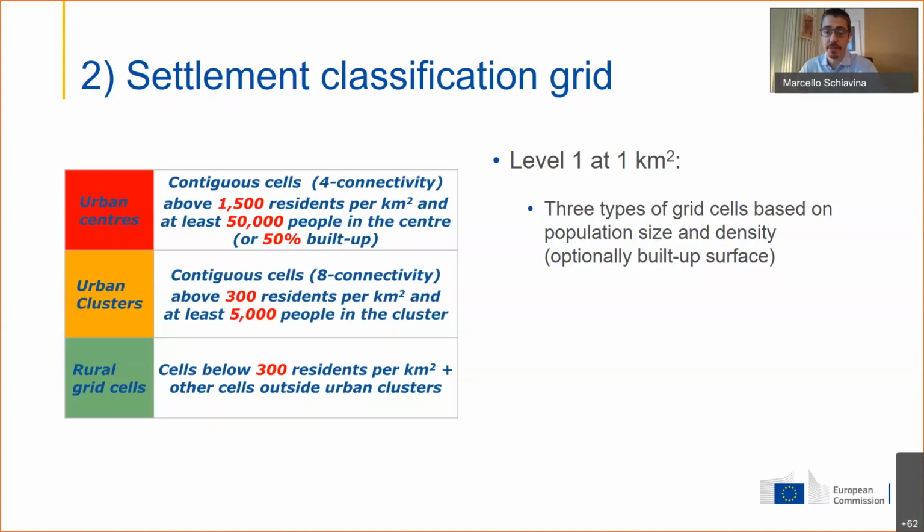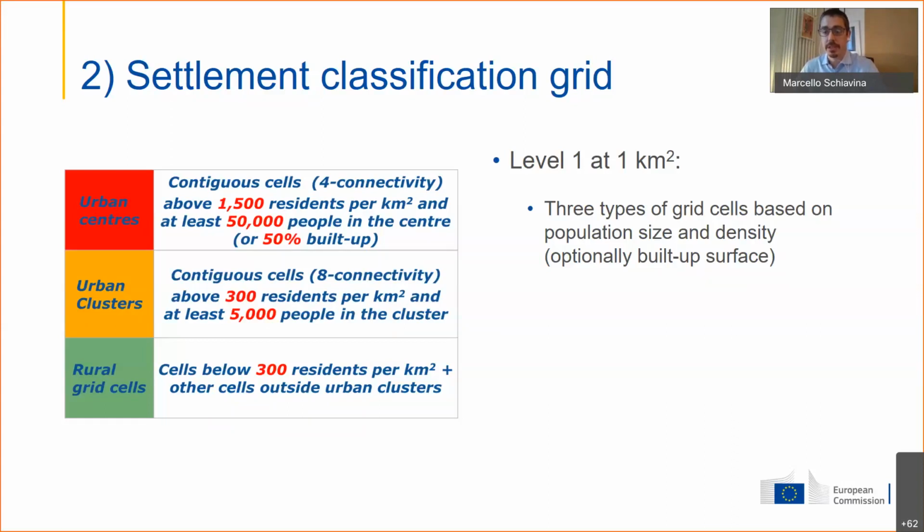Gaps smaller than 50 square kilometers in a cluster are filled, and edges are smoothed using a majority filtering procedure. Urban clusters consist of contiguous grid cells using 8-connectivity with a density of at least 300 inhabitants per square kilometer, and a population of at least 5,000 in the cluster. Given this, the urban centers are a subset of the corresponding urban cluster.